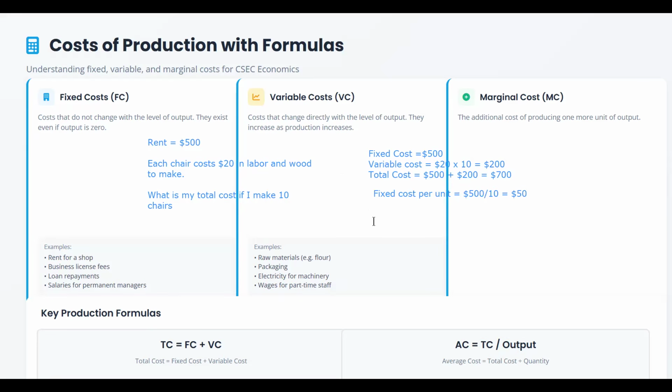If I wanted my variable cost per unit, they already gave it to me. It would have been the $20, right? Yes, sir. And if I wanted total cost per unit, you have to divide the total cost by the output. All right. And your total cost per unit is also known as your average cost.